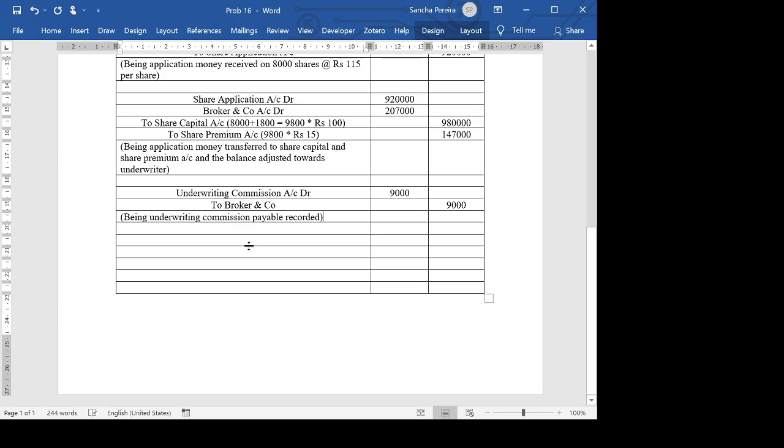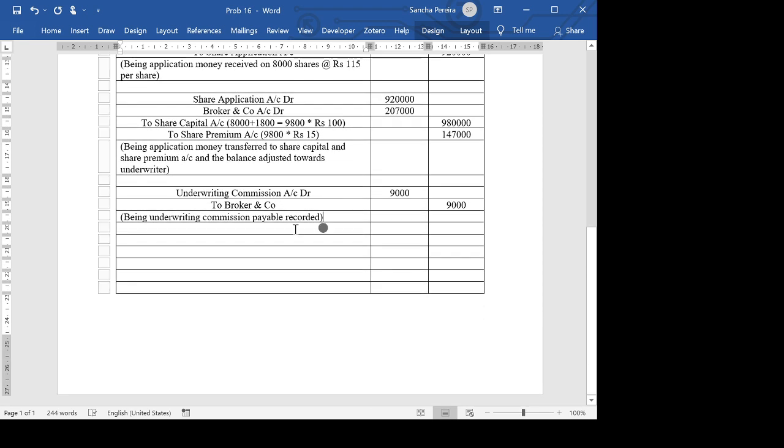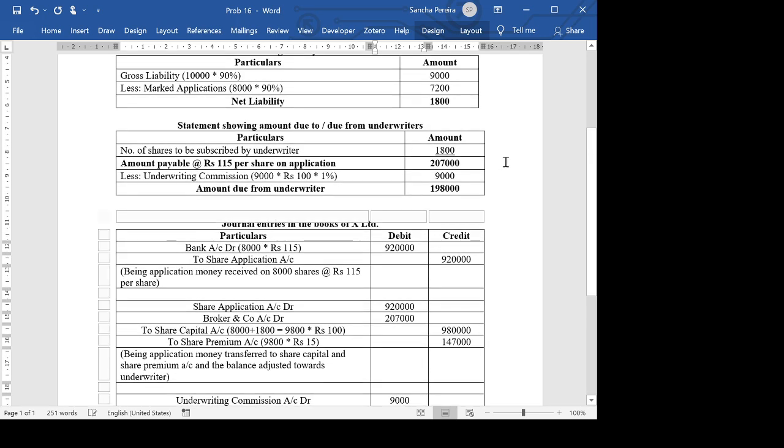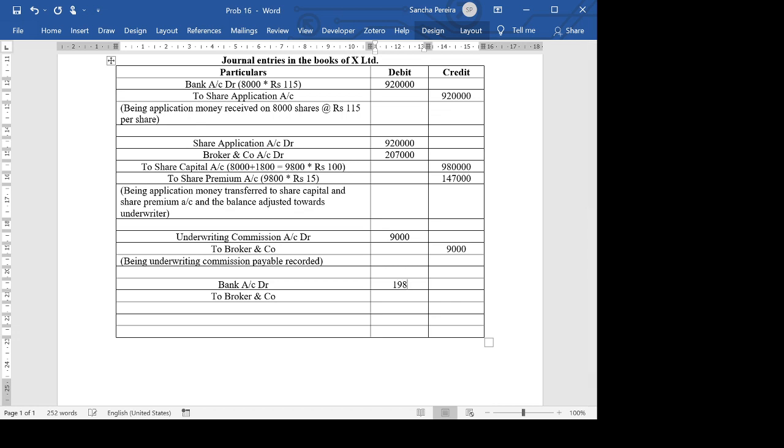And the last one is the payment of the receipt. Now, in case of this problem, the underwriter has to pay the company. So it's going to be bank account debit to broker and company, which is going to be how much does broker and company have to pay? 1,98,000.